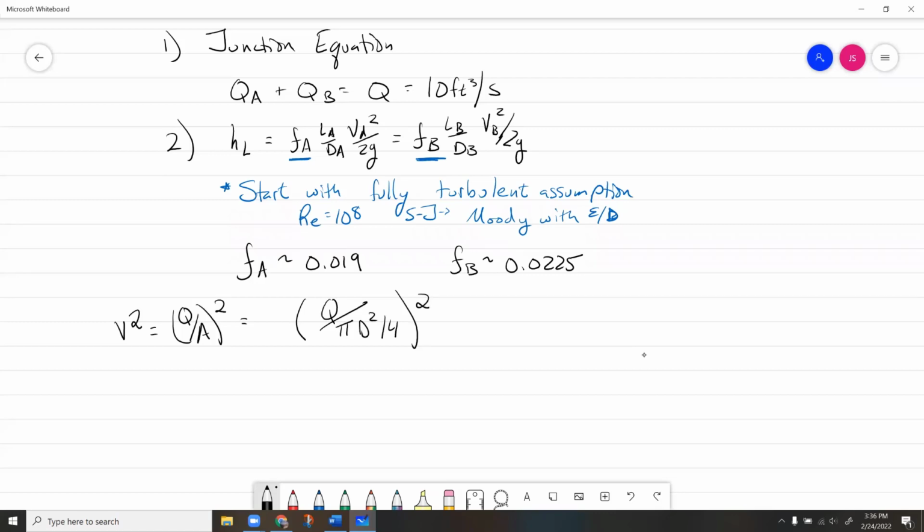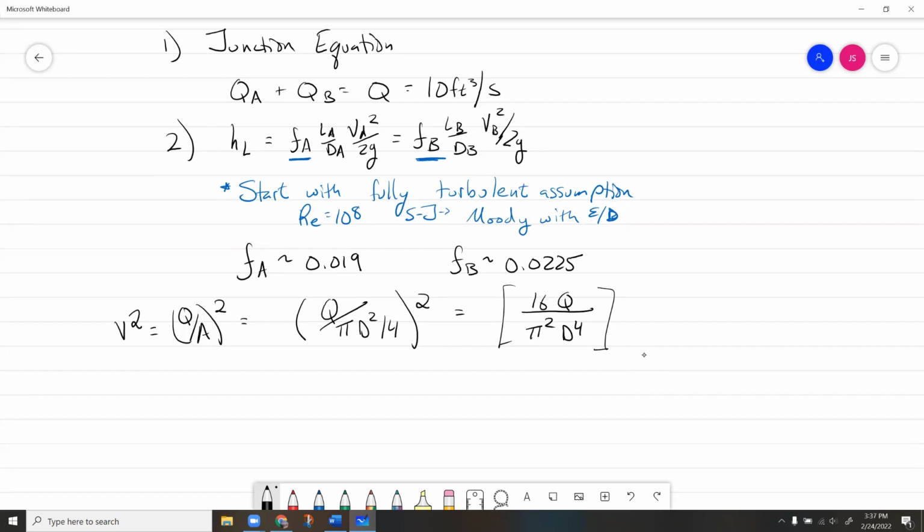And so we get 16 Q squared over pi squared d to the 4th. That is the big thing that we're going to plug into the Darcy-Weisbach equation. We're going to divide by 2, because you've got that 2g in the denominator.